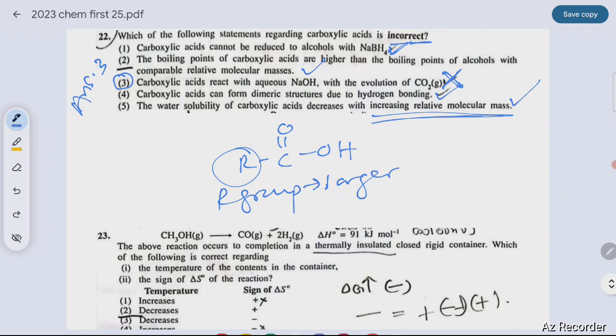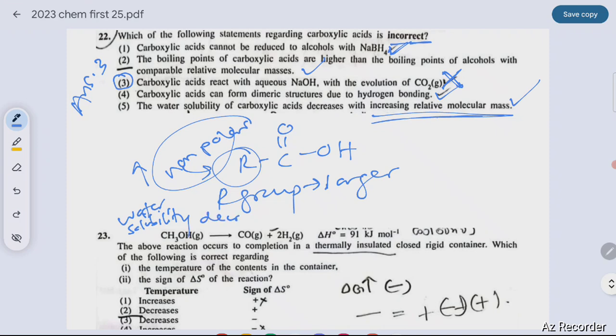Right? Then what happens? The R group is non-polar, and this non-polar group becomes larger, so the water solubility decreases as a result. So fifth is also correct. So the answer is 3.